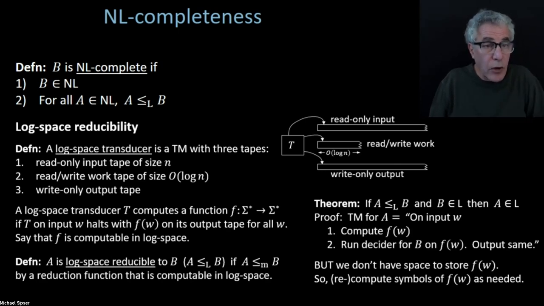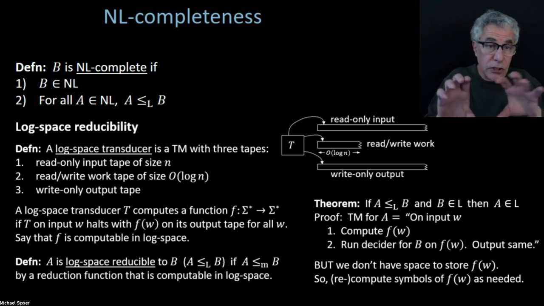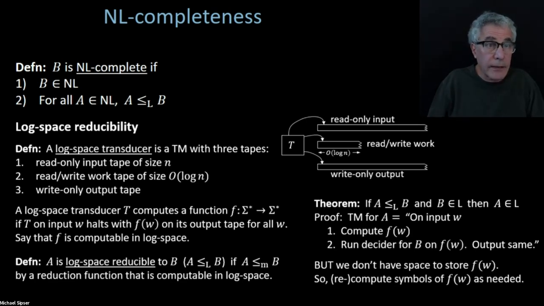The input tape is read only. The output tape is write only. So even if the output is just as big as the input, it just doesn't help you. If the output is only log n, then we could do it, but that's not going to be interesting for us. For these log space reductions, you're going to need big outputs, as we'll see in a minute.